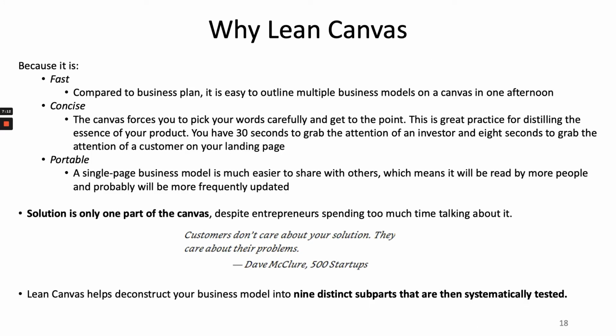So why Lean Canvas? Why use this agile approach? Firstly, it's fast. Compared to a business plan, it is easy to outline multiple business models on a canvas in one afternoon. It's concise. The canvas forces you to pick your words carefully and get to the point. This is great practice for distilling the essence of your product.